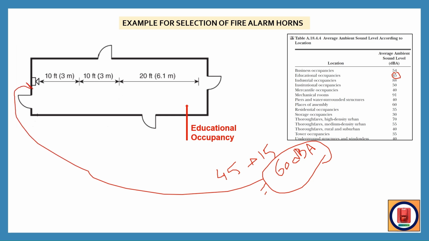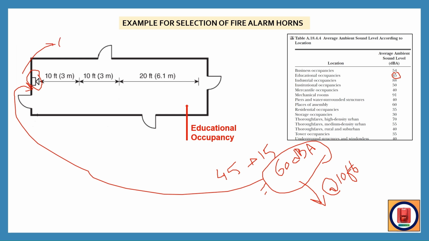For example, if I select 60 dB horn, because the sound level for the horns are provided by the manufacturer at 10 feet only. So if you look at the manufacturer data sheet, the manufacturer data sheet will show the horn rating at 10 feet only.